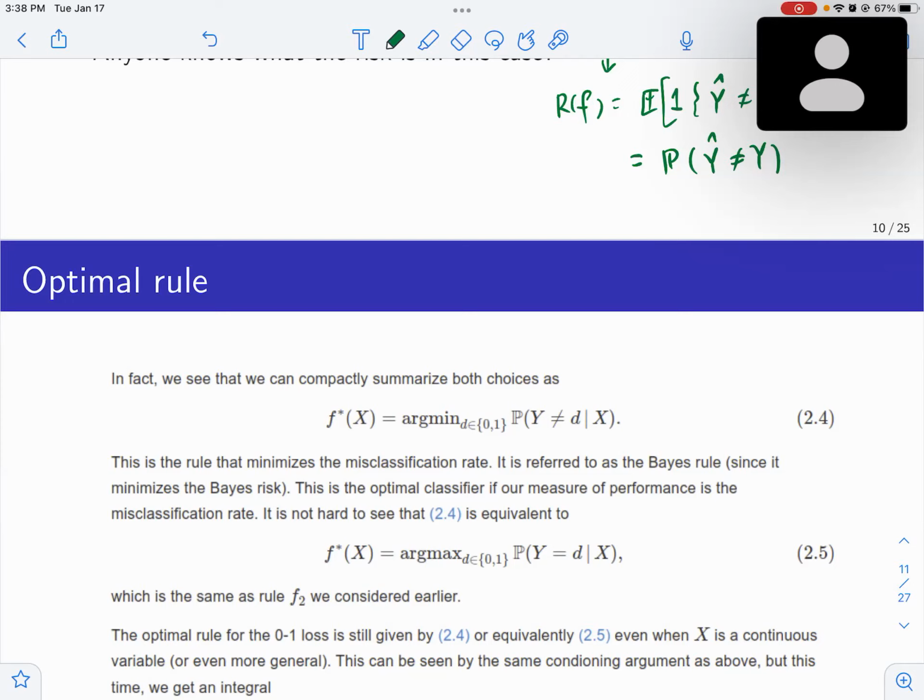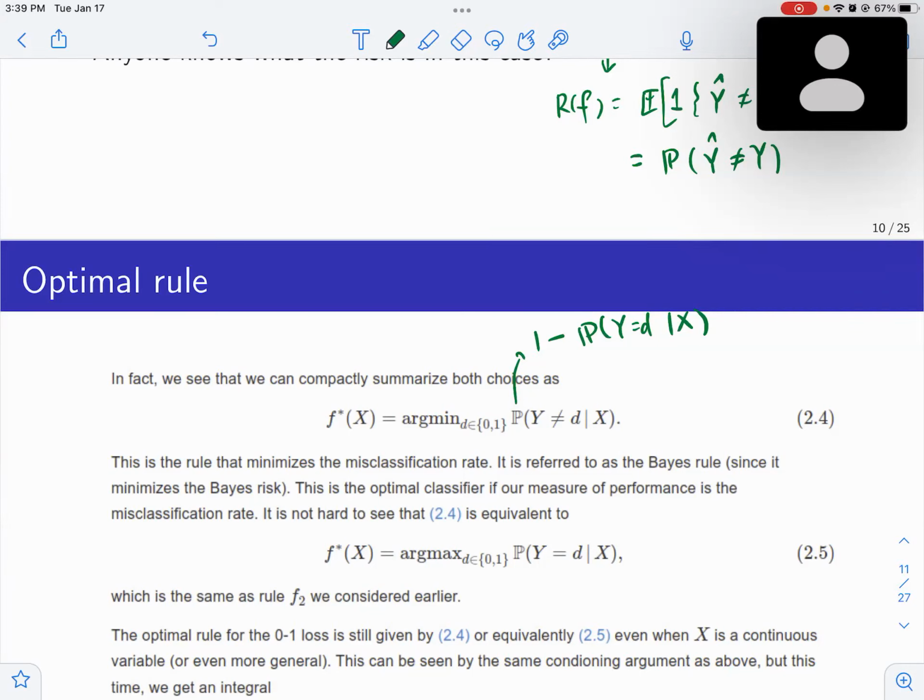That's something called posterior risk, which is equivalent to maximizing 1 minus, this is actually 1 minus the probability of y equal to d given x. So minimizing this is equivalent to maximizing this quantity, right? That would be equivalent, and this is what we have here.